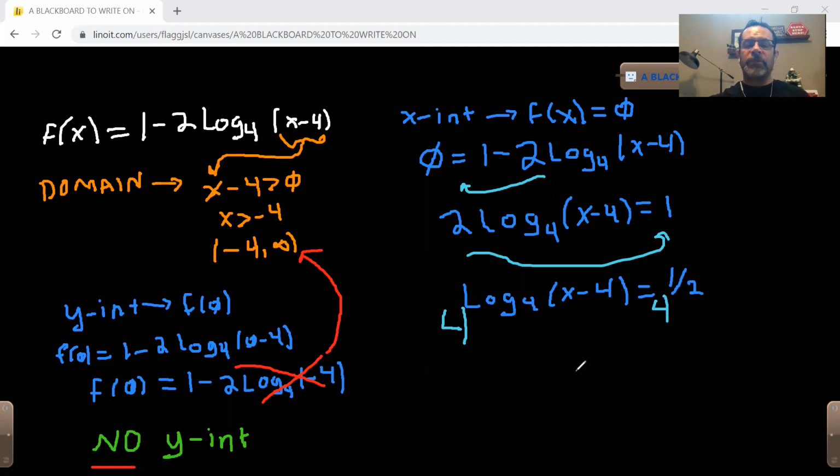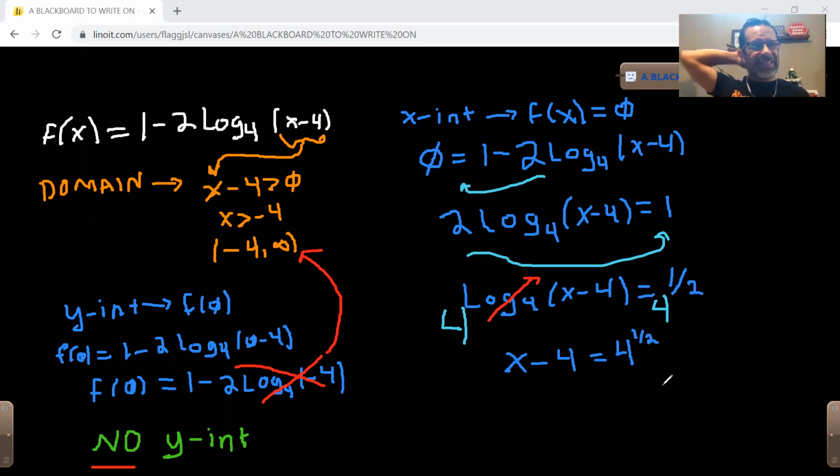When I elevate everything to the base, the logarithm is eliminated, and this is going to be the same as having x minus 4 equals 4 elevated to the 1/2.